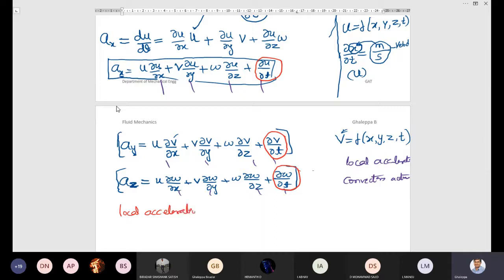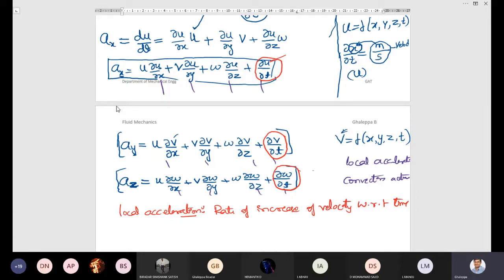It is defined as the rate of increase of velocity with respect to time. That is called local acceleration.